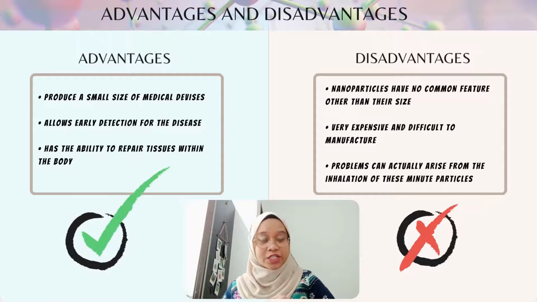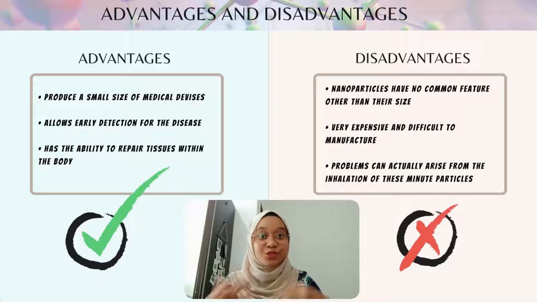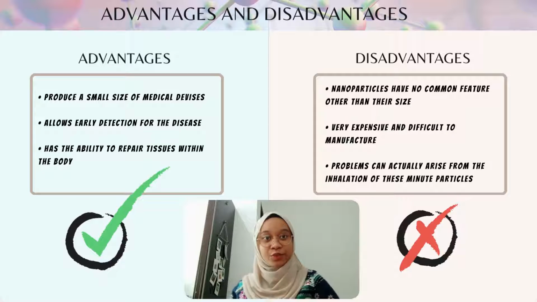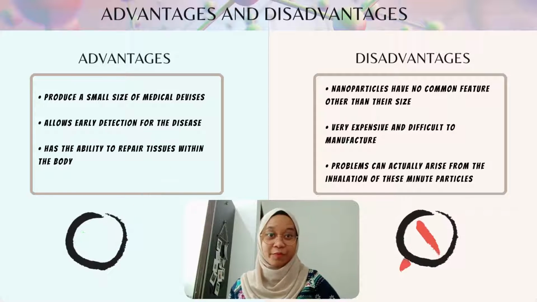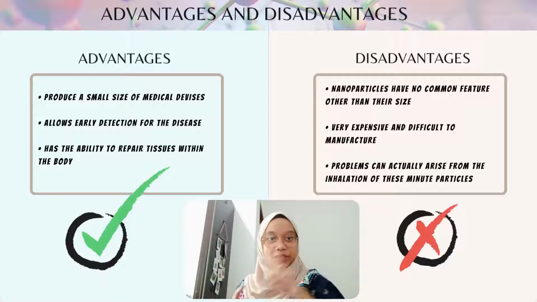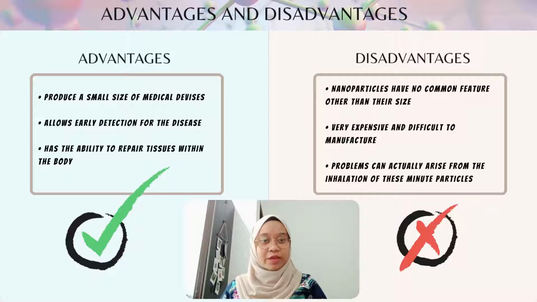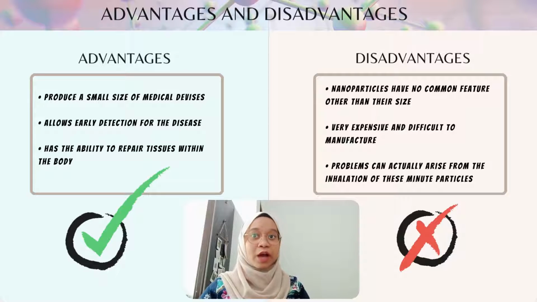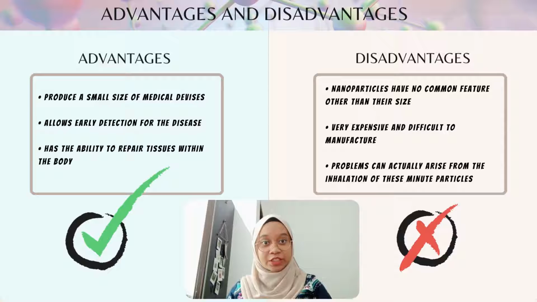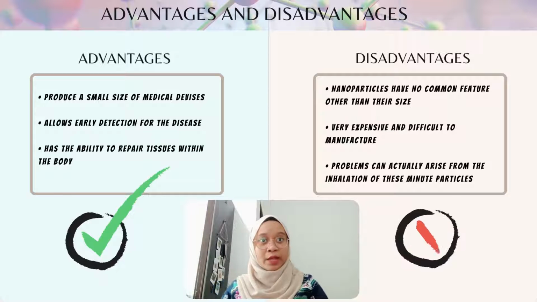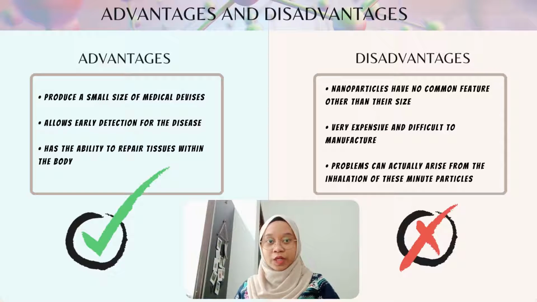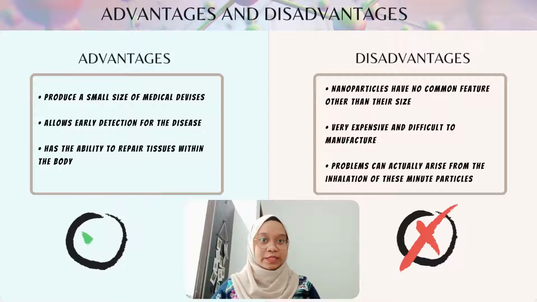So, a little change can give a big impact. To get a better treatment, we have to invest a big amount of money. So, disadvantage number 2, nanomedicine is very expensive because developing it costs a lot of money and these nanotechnologies are very difficult to manufacture. This is probably why the products made of nanotechnology are more expensive.